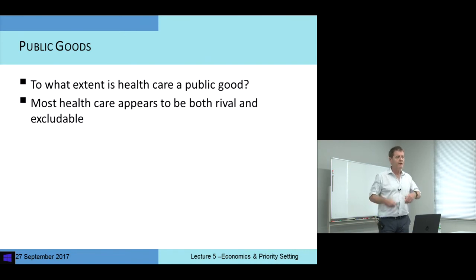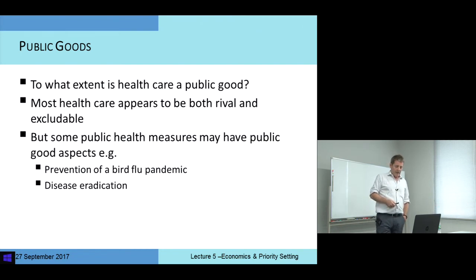Not all healthcare. If we think of infectious disease, helping or protecting one individual seems to confer benefits on others. Public health measures, I think, may have public good aspects. For example, prevention of a bird flu pandemic.